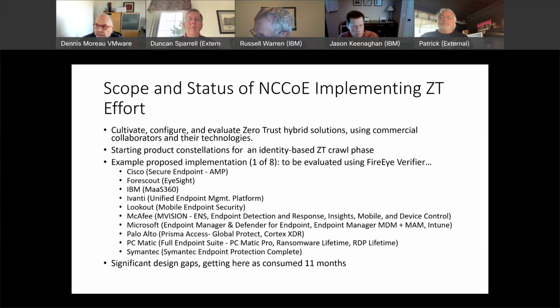So what they're doing is finding out how far it can go by building it out and then doing verification of the results. There are 8 proposed constellations of the products that you see on the screen now, being configured and attached to various identity systems in order to first identify where the gaps are, first from the NIST point of view.